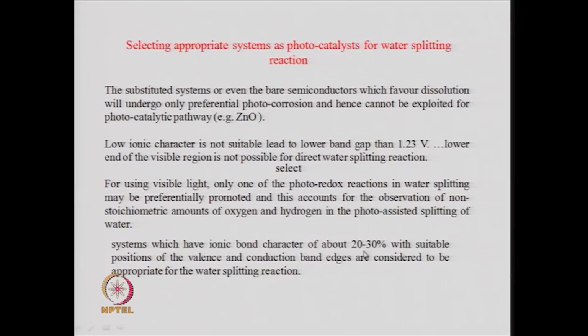If you have around 20 to 30% ionic character, then it is possible to have a water splitting reaction when the conduction and valence band edges are appropriately placed with respect to your water-oxygen and water-hydrogen couples.